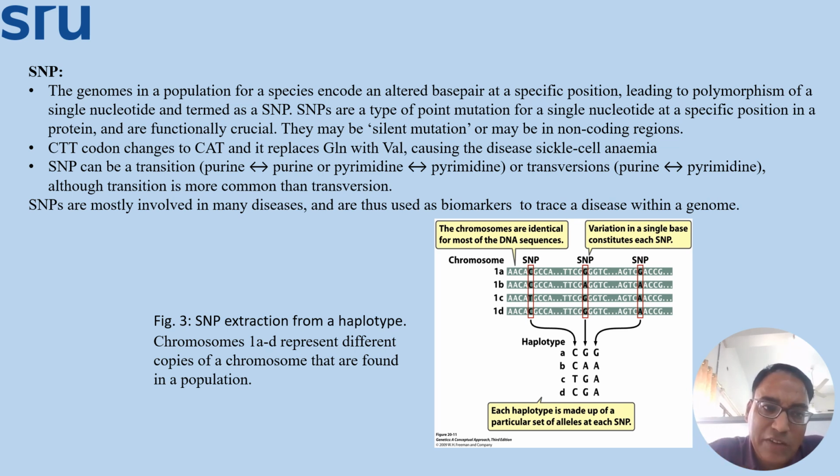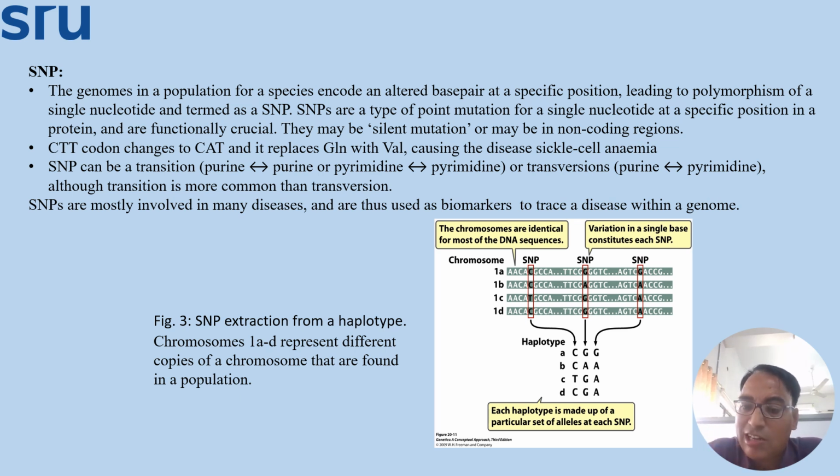So CTT, if it is there, will form glutamic acid. Then it changes to CAT. So glutamic acid is now changed to valine because of the mutation of thymine to adenine. GTT becomes GAT, and instead of glutamic acid, valine comes, and it leads to sickle cell anemia.